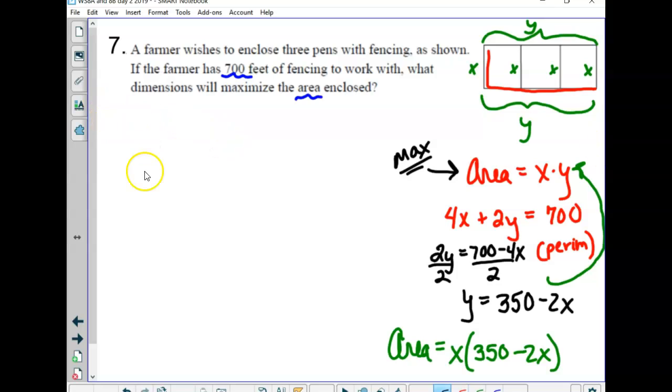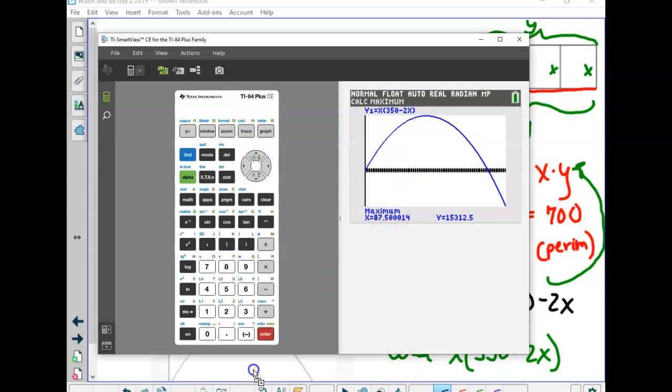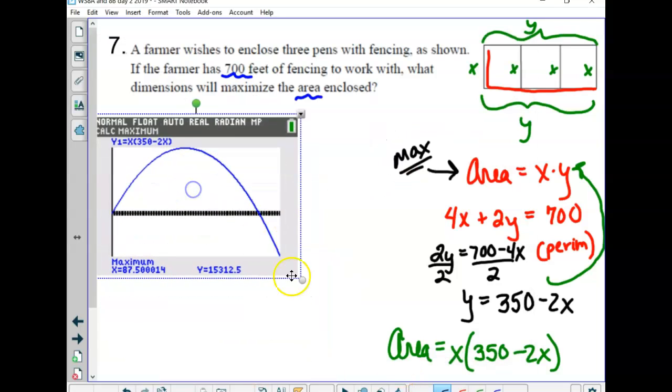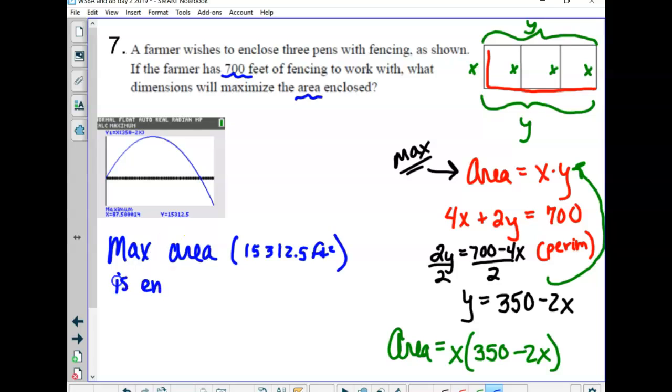So when we graphed it, put this on here. The maximum area, which if you wanted to say was 15,312.5 square feet, is enclosed when the dimensions are what?